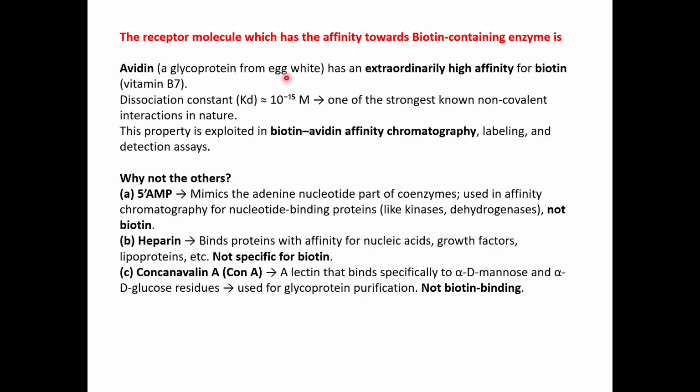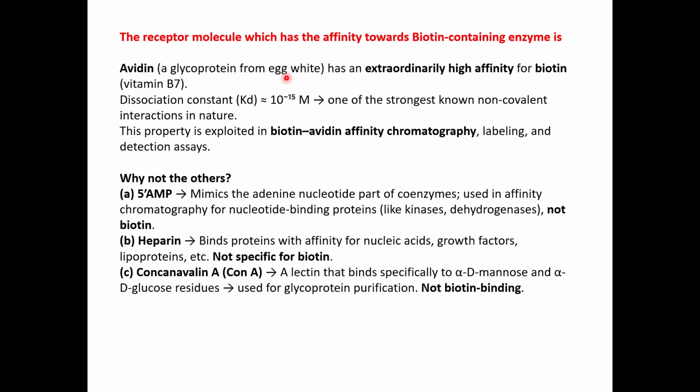Then other options that were given were 5 prime AMP, heparin, and concanavalin A or con A. So 5 prime AMP mimics the adenine nucleotide part of coenzymes.